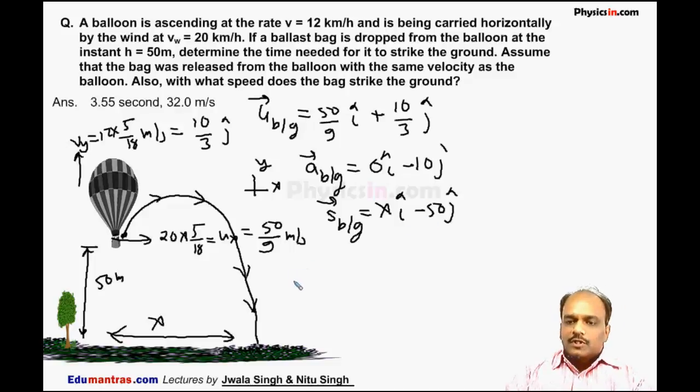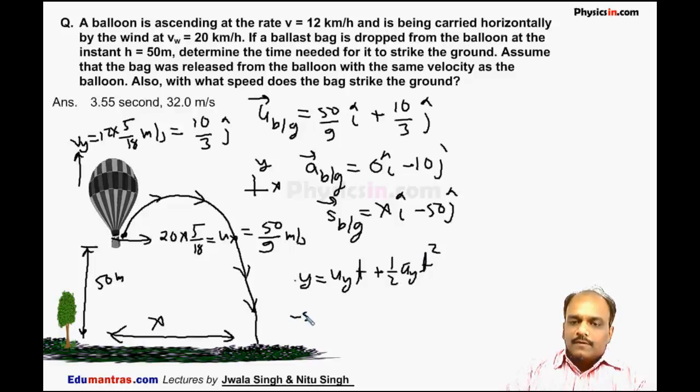Now we know the vertical displacement, so we can say y is equal to uy into t plus 1 by 2 ay into t square. So y is minus 50, uy is 10 by 3, so it is 10 by 3 into t plus 1 by 2 ay, means minus 10, into t square.